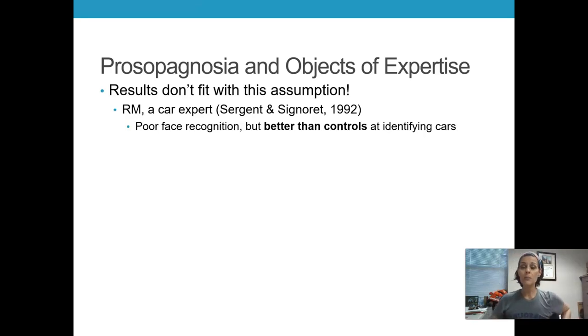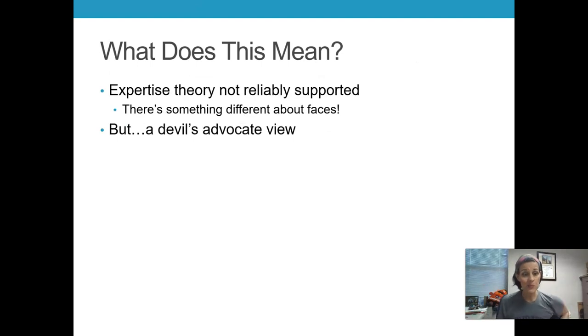They reported that the patient had very poor face recognition because of the prosopagnosia, but when it came to identifying cars, the patient was still better than controls at identifying them, indicating that expertise was not damaged. So what does all of this mean? It means that expertise theory is not reliably supported.